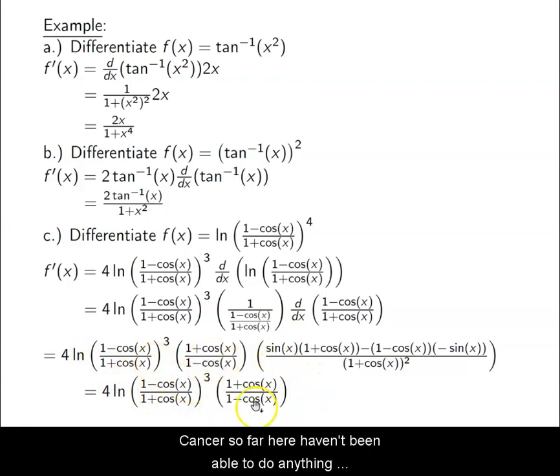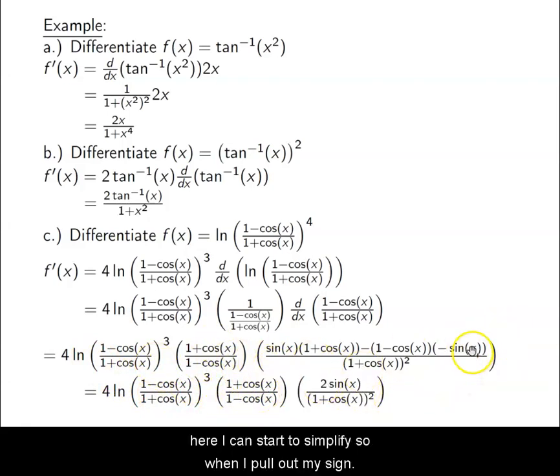Okay, so far here I haven't been able to do anything. Here I can start to simplify. When I pull out my sine, what I'm going to be left with is 1 plus 1, because this negative gets distributed. So I have a 1 plus 1, and then I have a cosine. This will be a plus, a negative cosine, so the cosine goes away. So I just get my sine that I pulled out times a value of 2, right? 1 plus 1 is 2.